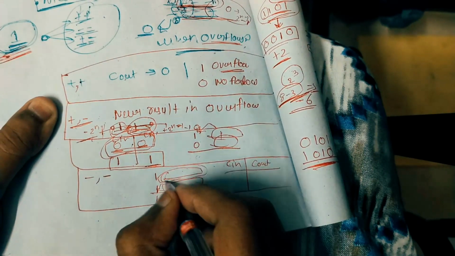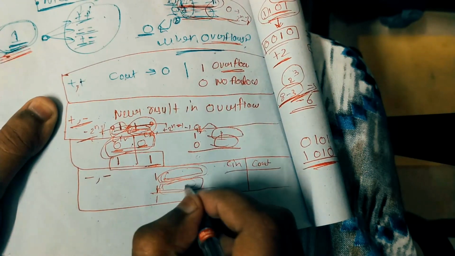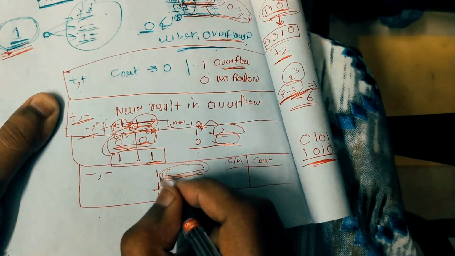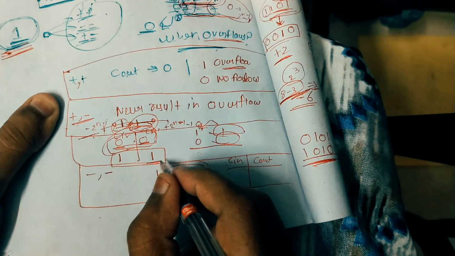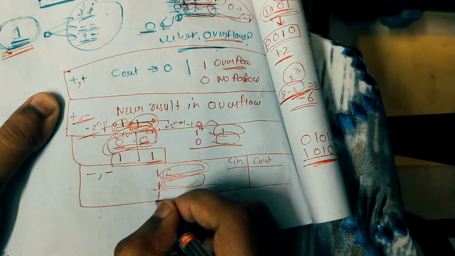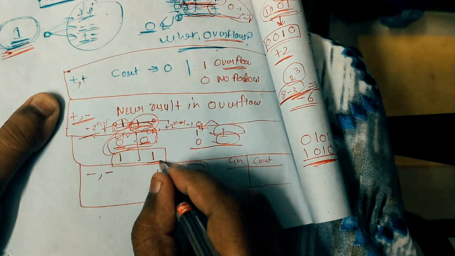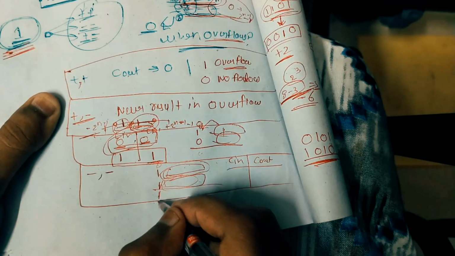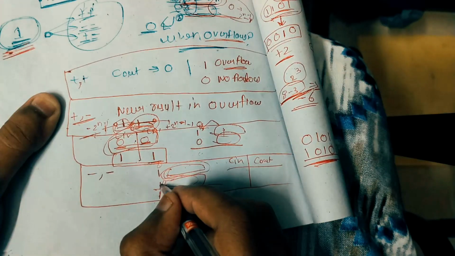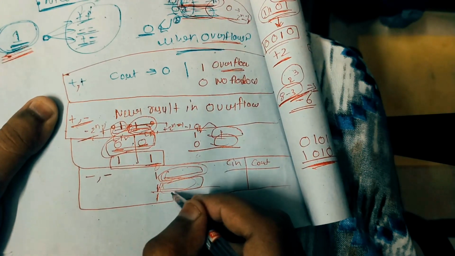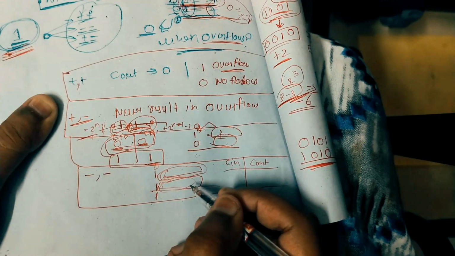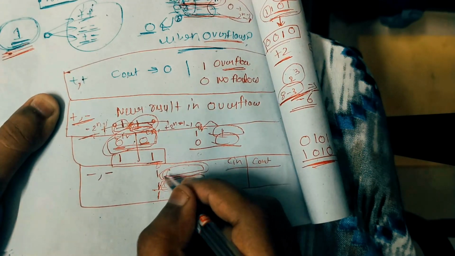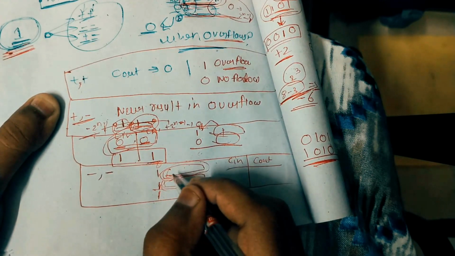So if we add these two negative numbers and we are getting a 1 here, that would result in a 1 here. If we are getting a 0 here, that would result in a 0 here. And if we have a 0 here, that means a negative makes a positive, which is not possible. That means we have an overflow. We are out of bounds. We cannot represent that number using this system.